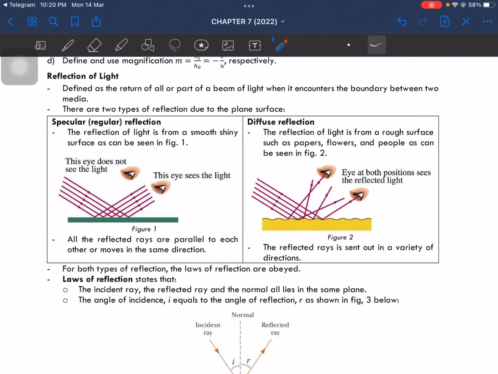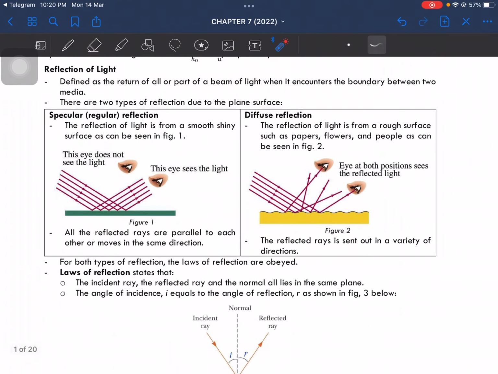All these rays are parallel to each other, moving in the same direction, because this is a smooth surface. For a smooth surface we call this a specular reflection or regular reflection.